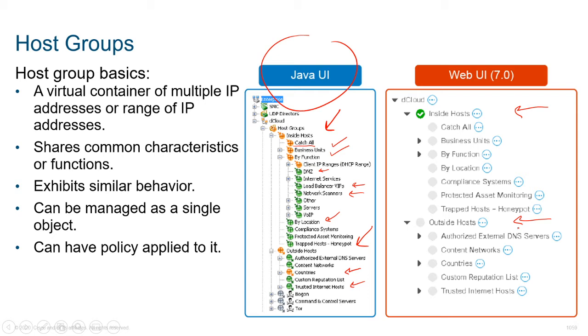But if we want to trickle down and get more granular, we can always come up with policies by individual sub-host group, and that sub-host group is going to be an exception to the default. You can sort of think of this a little bit like Active Directory. But let's say, for example, our inside hosts, right?